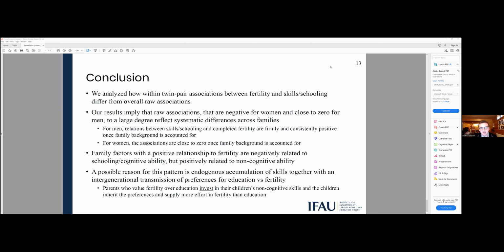Well, obviously from the results, it must be the case that something in the family background is simultaneously affecting fertility behavior and the accumulation of skills or education, because otherwise the results wouldn't look like this. And exactly how these processes work, we're not sure, of course. We provide some very simple framework here.